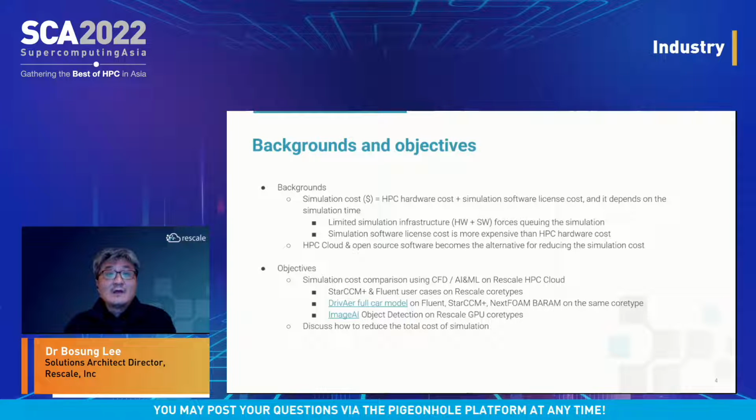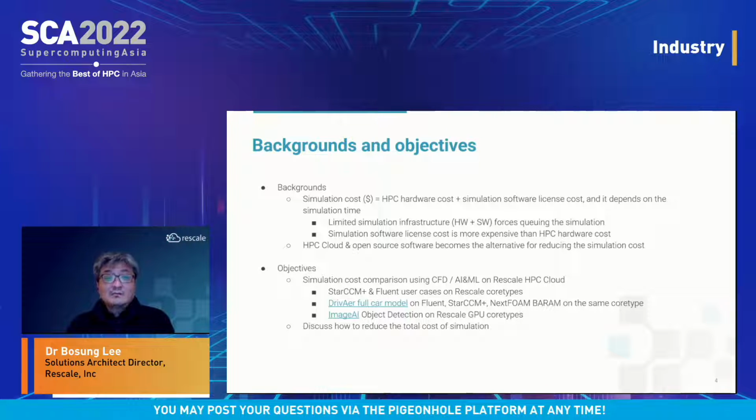Because of this high commercial license price, most users' simulations are limited by not only the number of cores, but also the number of licenses. For this reason, the TCO analysis of HPC infrastructure, especially cloud HPC infrastructure, should be performed using the hardware cost and simulation license cost together.